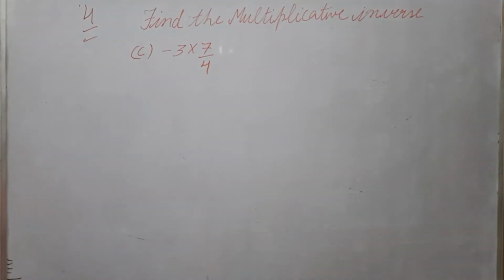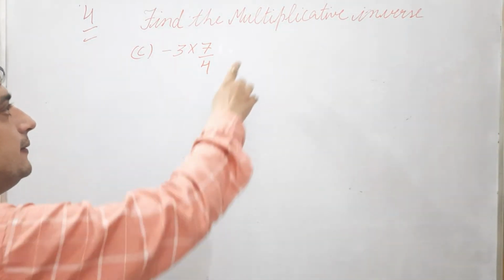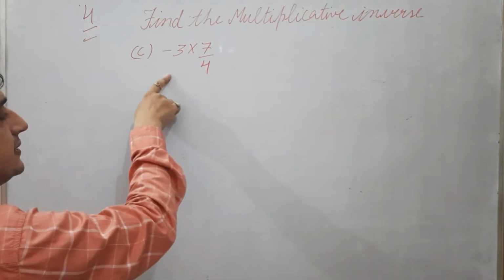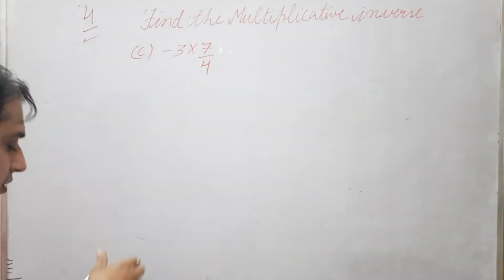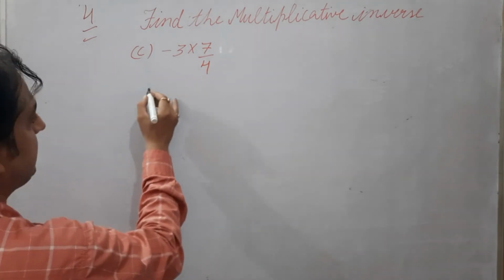We have to take the multiplicative inverse, but of the product of the two rational numbers. हमें मल्टीप्लिकेटिव इनवर्स निकालनी है, बट किसकी? प्रोडक्ट. जो प्रोडक्ट आएगी उसकी हमें मल्टीप्लिकेटिव इनवर्स देखनी है. What is the multiplicative inverse of the product of the two rational numbers? So firstly take the product.